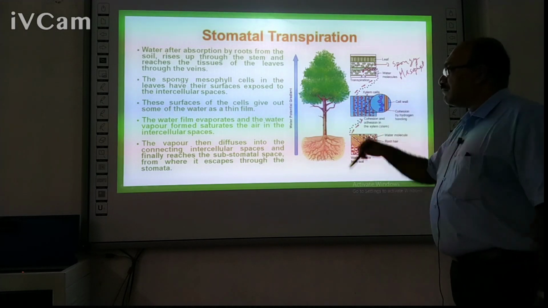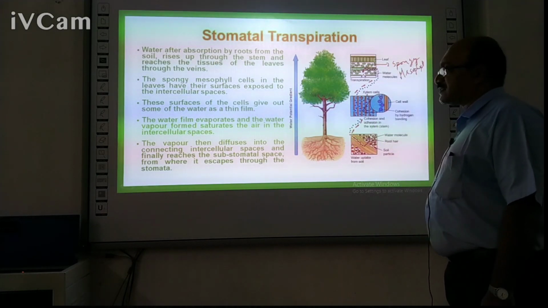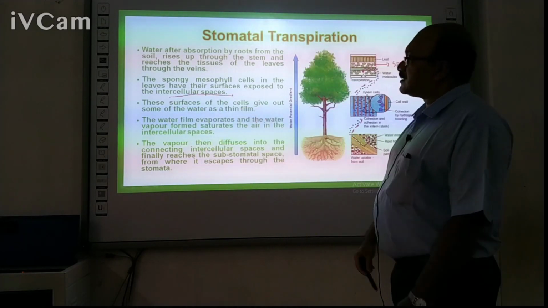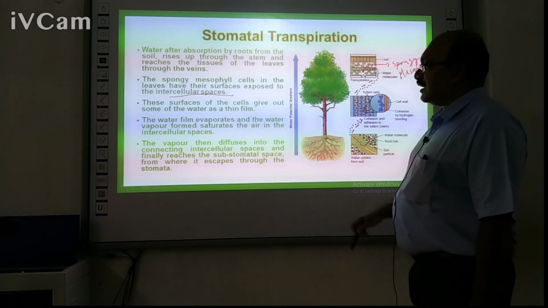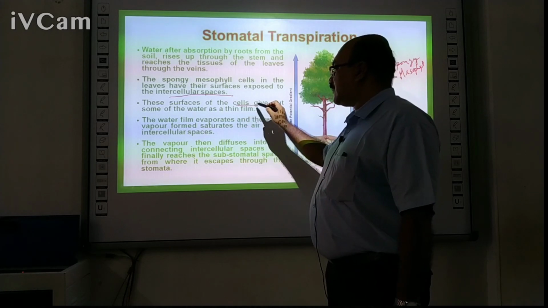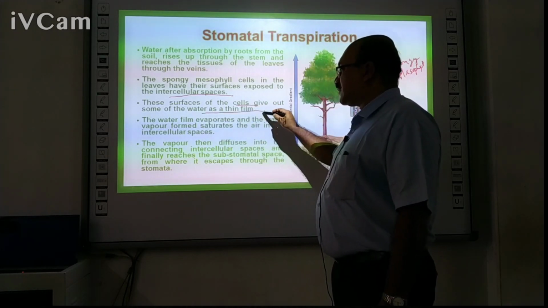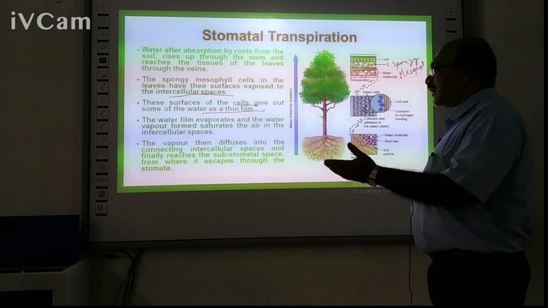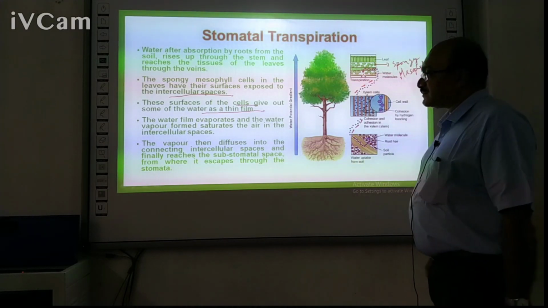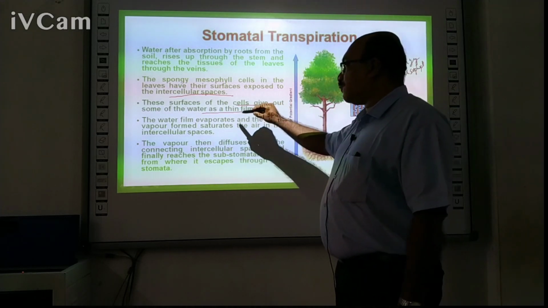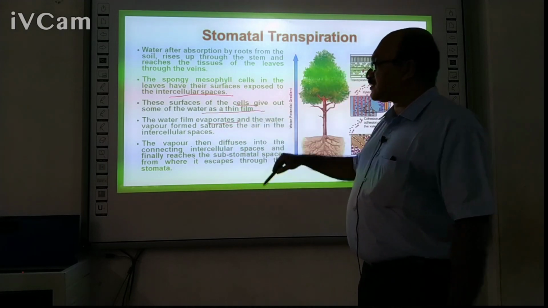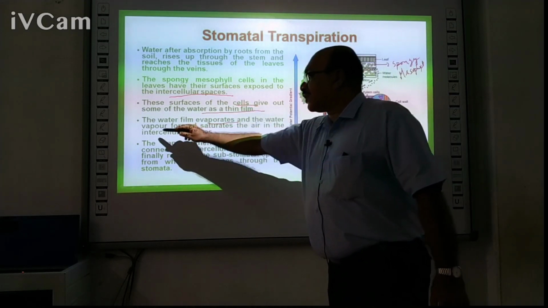So, there are many intercellular spaces between the spongy mesophyll cells, and the cells in the mesophyll tissue give out the water in the form of a thin film. It comes out and sticks to the surface of the cells in the form of a thin film, and this thin film of water evaporates and fills up the intercellular space in the form of water vapor.